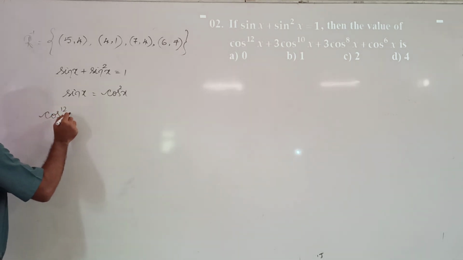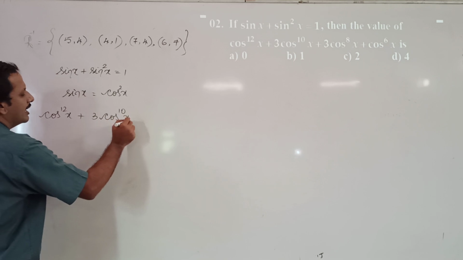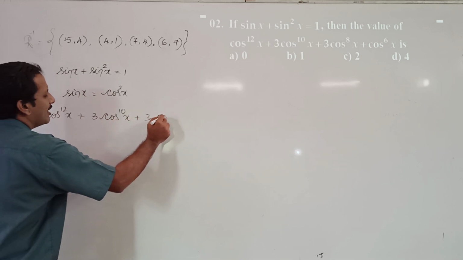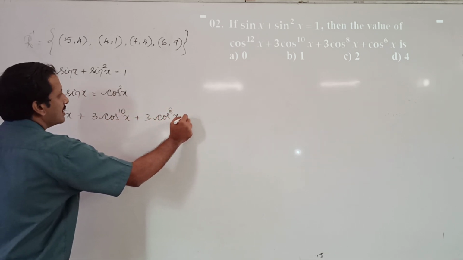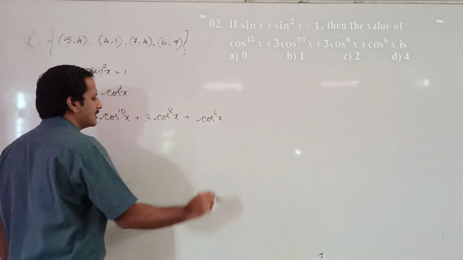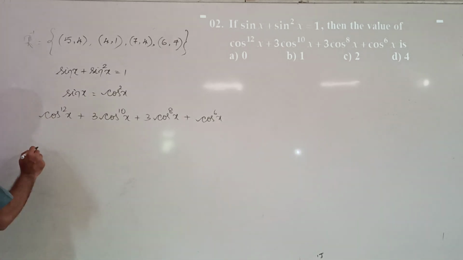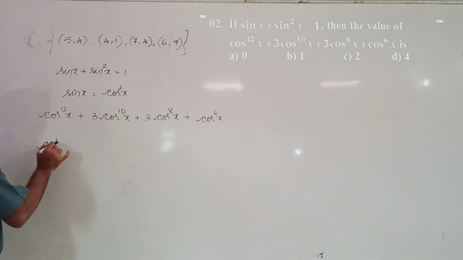Cos power 12x plus 3 cos power 10x plus 3 cos power 8x plus cos power 6x. Okay. I will write cos power 12x as cos power 4x whole cube.